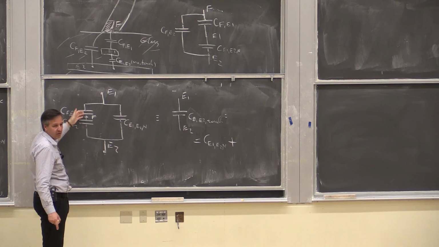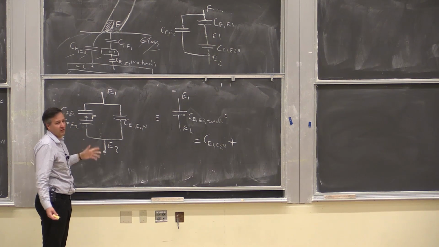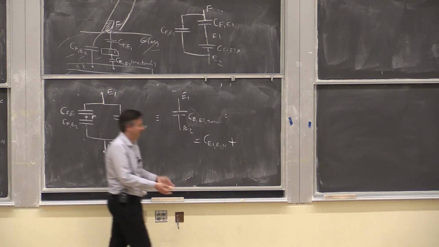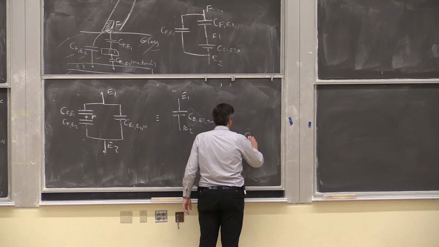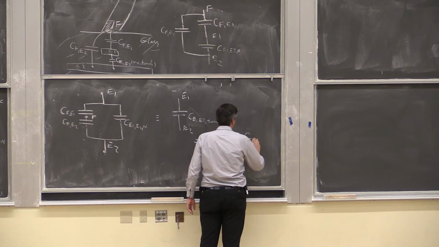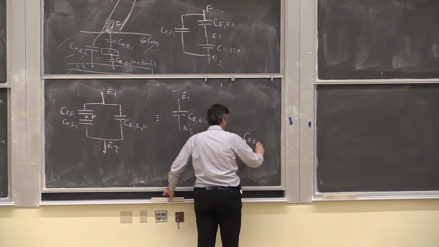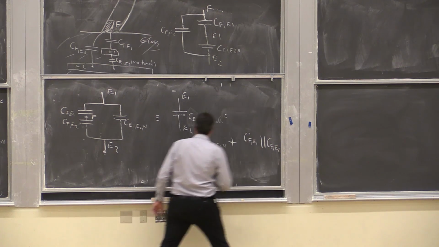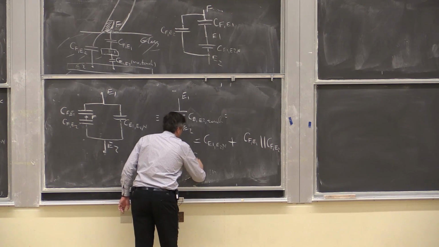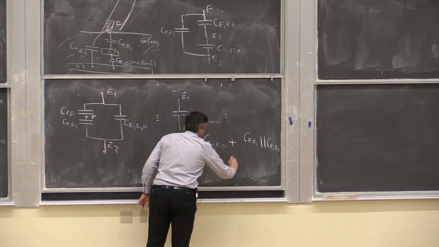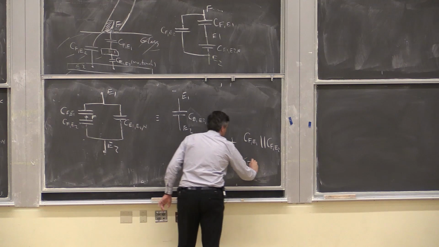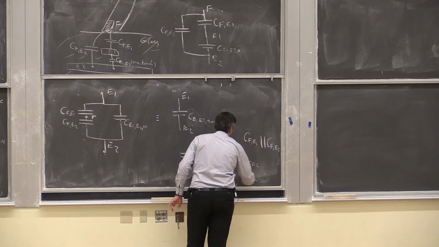It's a series of two capacitors, which mathematically we show as a parallel operator, right? So it's then CF E1, parallel operator CF E2. If you're confused, that just evaluates to CE1E2N plus CF E1 times CF E2 over the sum.